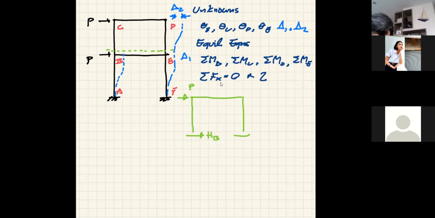I'm writing it in the direction of the moment equation, okay?